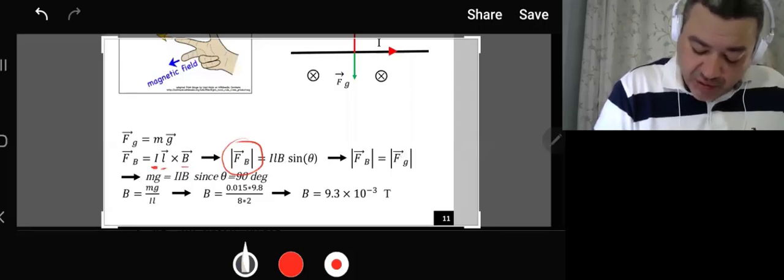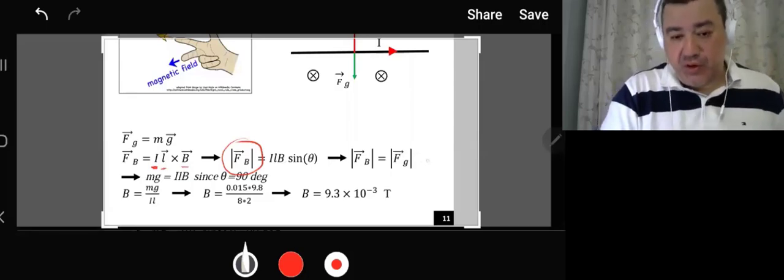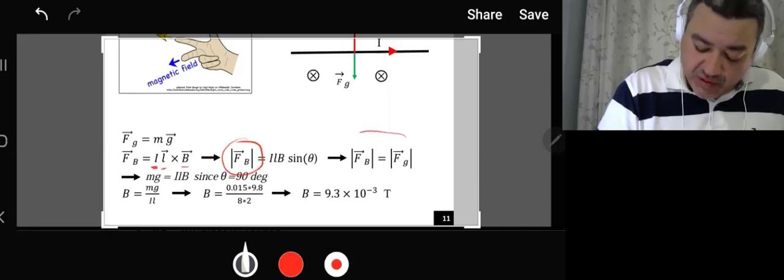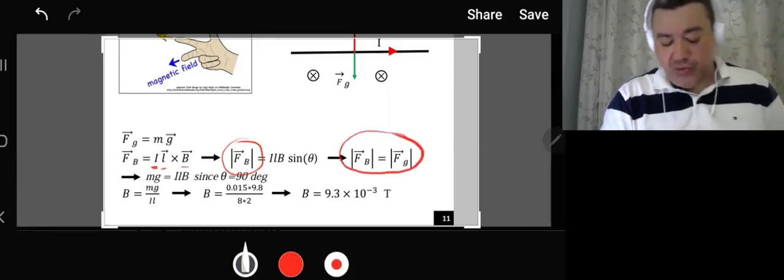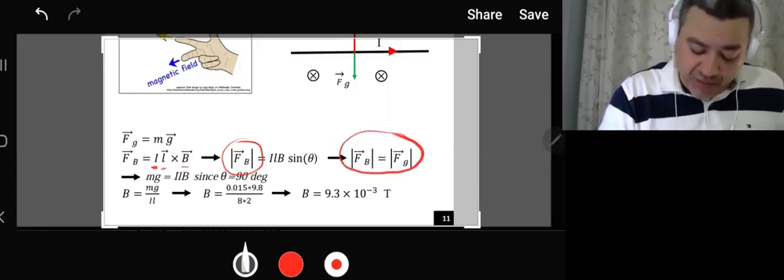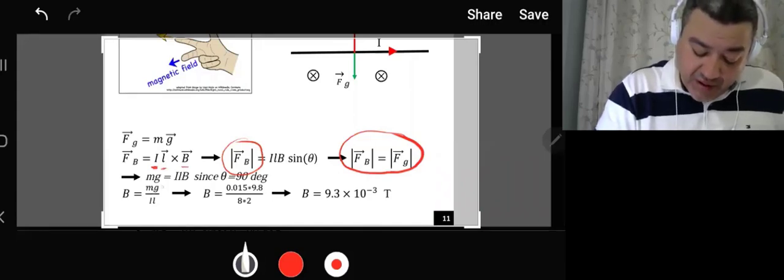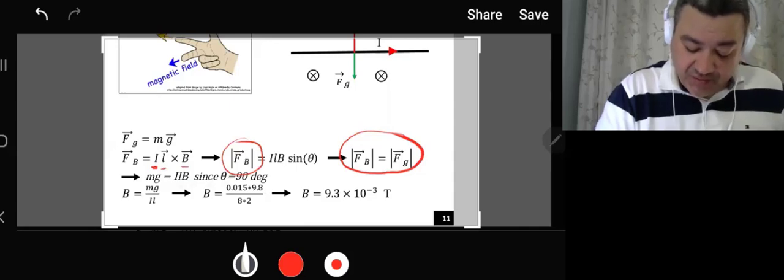So in order for those two forces to be equal, take the magnitude of both and equate them. So I have mg equals I L B sine theta.